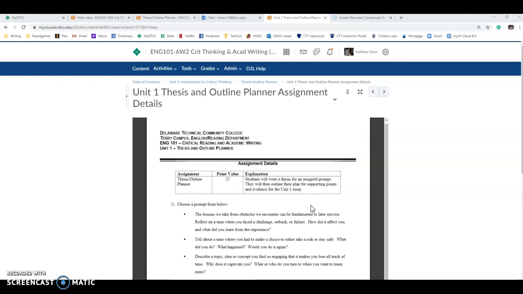And one thing I want to emphasize about this particular assignment, this Unit 1 critical thinking paper, is that you need to have a thesis and you need to have supporting points. There's no thesis or supporting points in a narrative reflection. You guys aren't just writing 5 paragraphs talking about what happened with some loose observations about what you could have done better thrown in.